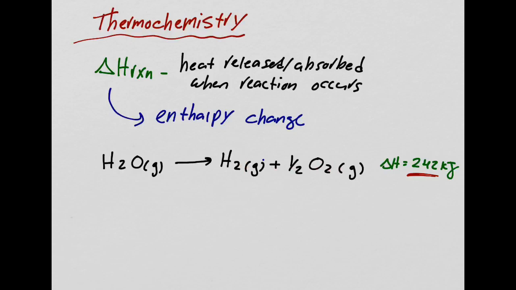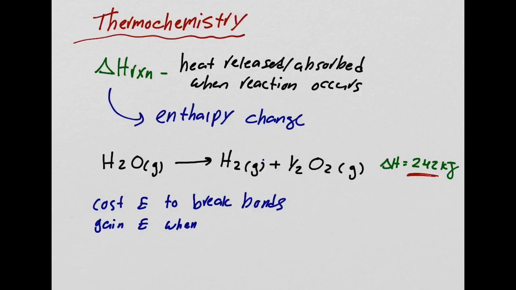So I'm going to write this down. It costs energy to break bonds. Remember that. You have to put in energy to break all those covalent bonds, right? But you gain energy when you form bonds, when you make new bonds.